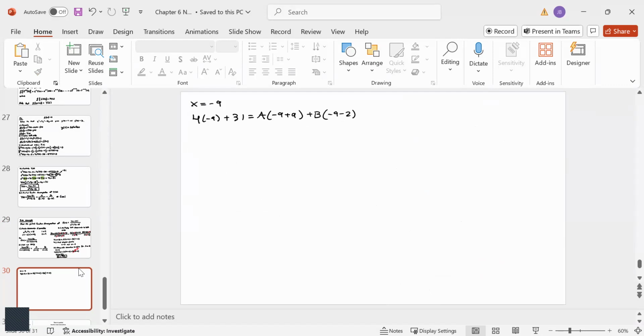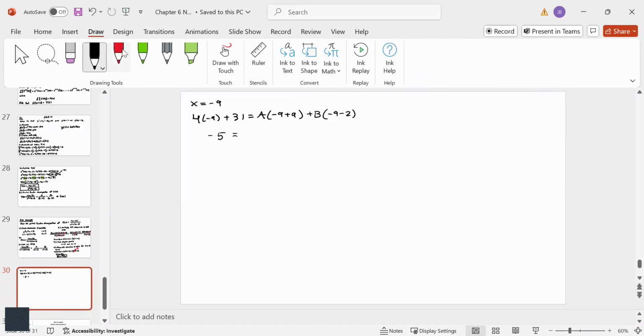Will there be patterns to how the numbers emerge? Kind of. Typically the fractions all have the same denominator before you simplify them. So what you end up getting is -5, equal to, and then this becomes 0 because -9 plus 9 is 0. And then you get -11B, so then B is equal to 5 over 11.